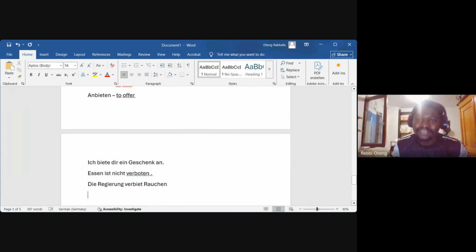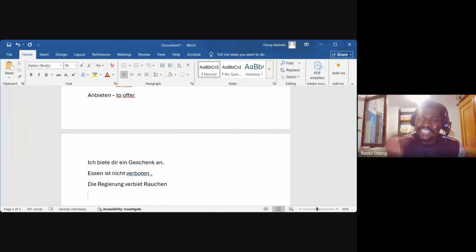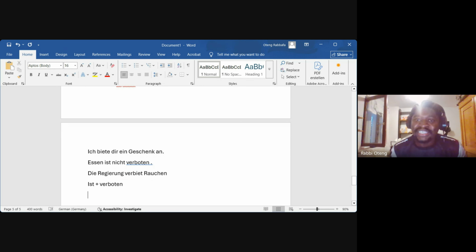So the past tense of verbieten is verboten. We use it with sein: ist plus verboten. You can say something is prohibited in class.